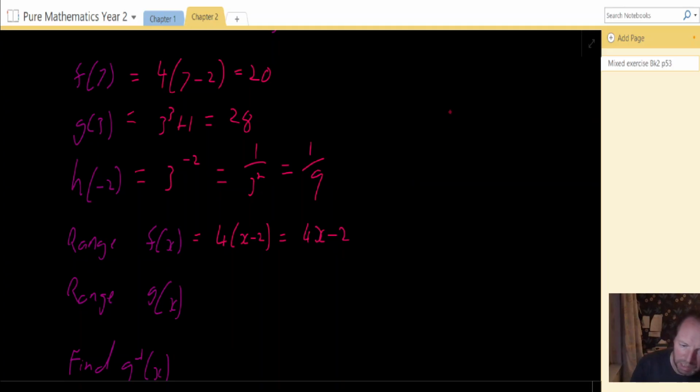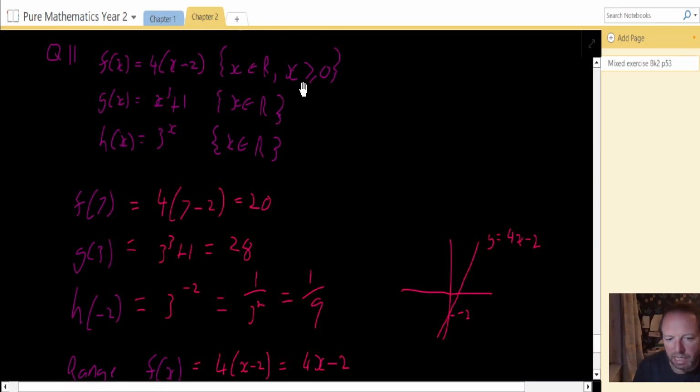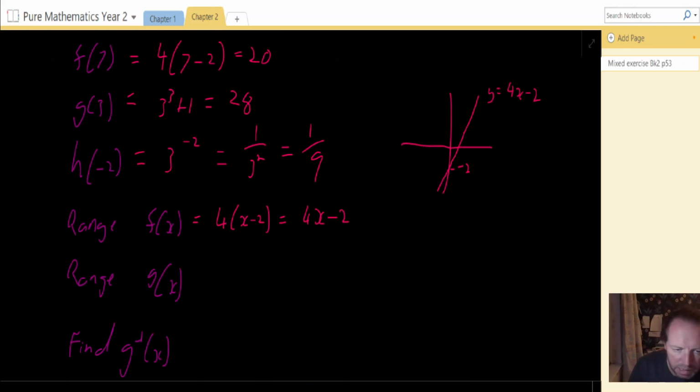If we were to draw that on a graph, we would have a minus 2 down here, and a very steep graph coming through, y equals 4x minus 2. But we are told that x is greater than or equal to 0, which means it stops at this point here, and all of this is ignored.